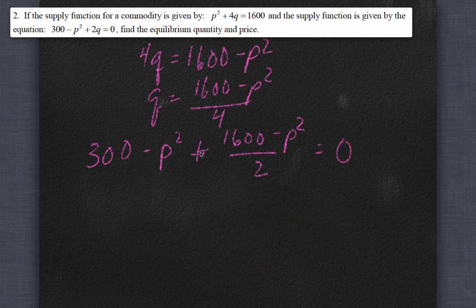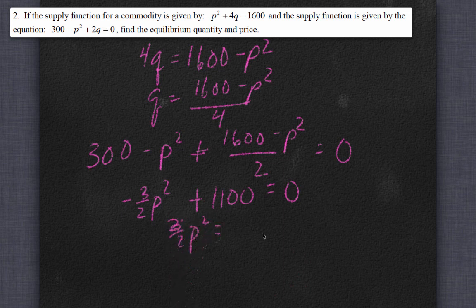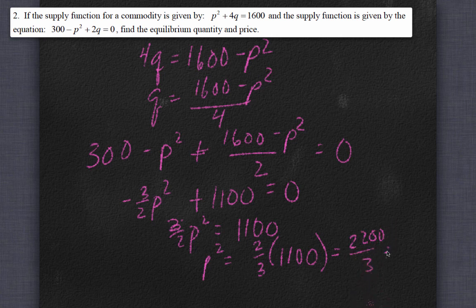So I have minus p squared over 2, 800 plus 300. No, it's the same. Okay, so I just need to rewrite these notes and make it better.